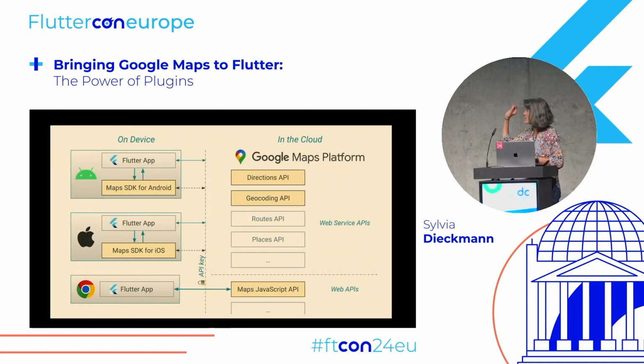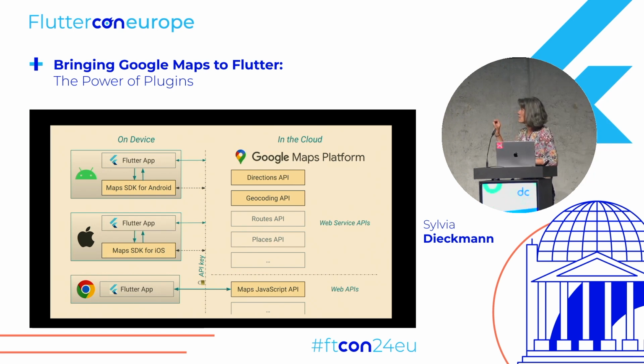So let's look briefly at the Google Maps platform. The Google Maps platform is basically a family of cloud products. It's like a huge thing, and who knows what's in there. Google handles it well. That's in the cloud, and then on the device, we have our Android, our iOS, and our web browser. We have different ways of interacting with the Google Maps platform and with that family of products.